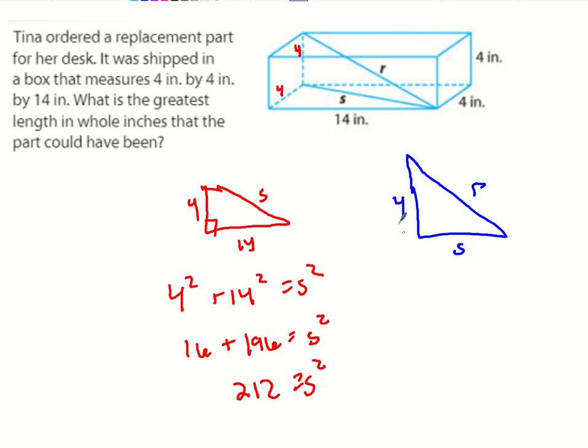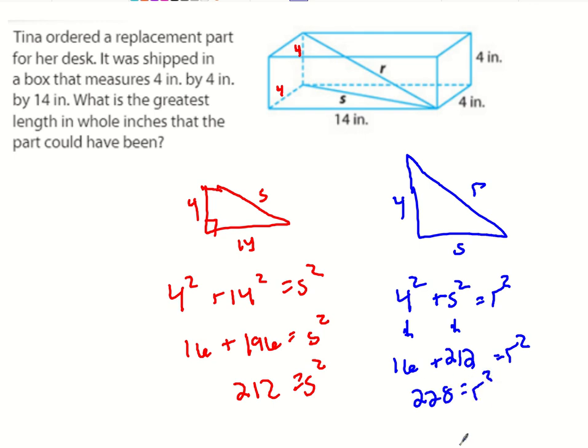So when I set up the Pythagorean theorem over here, I now have s. And I know it's going to be 4 squared plus s squared equals r squared. Well, I know s squared is 212. 4 squared is 16. And all that's equal to r squared. This is going to get me to 228 equals r squared.